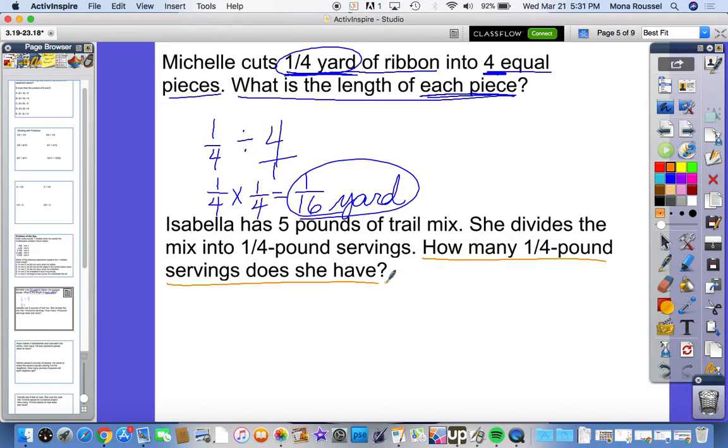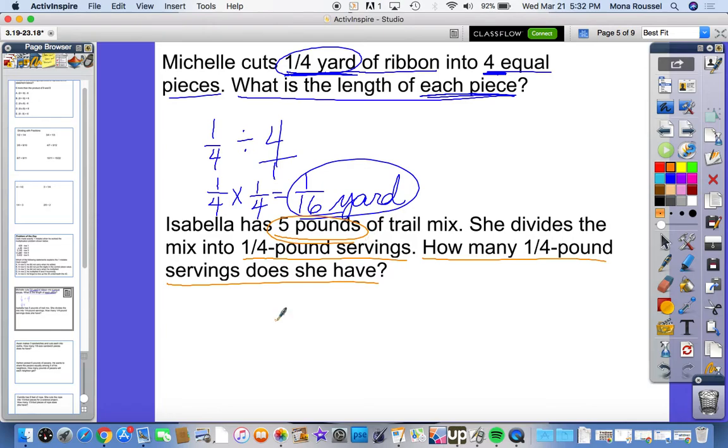When we look back into the problem, we see again, yes, it's telling us that she is dividing this trail mix into 1/4 of a pound servings. So you can think about it as putting it in bags. So we have to see, what is she putting into these 1/4 of a pound servings? It says right here she has 5 pounds of trail mix.